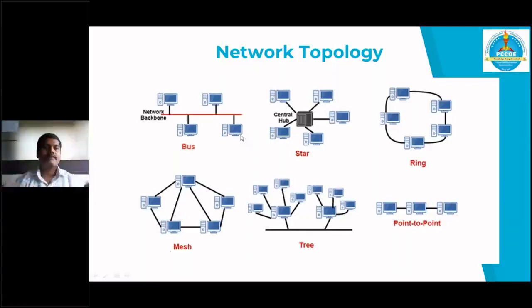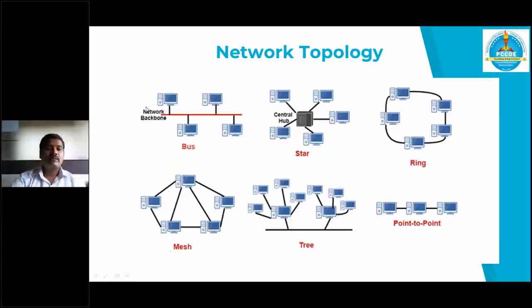But whenever I say that the devices are physically as well as logically connected, it means they are able to share information. That is why I'm talking about logical connectivity, devices communicating. So that is why network topology comes first.